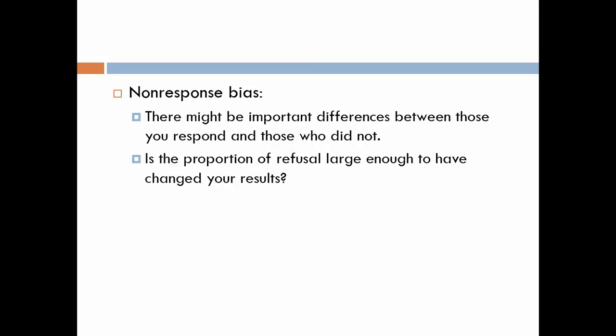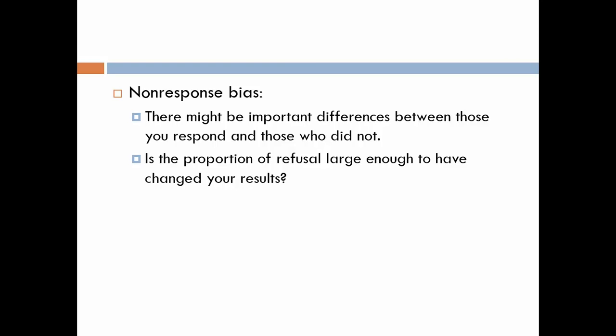Okay, next slide. So we want to be non-biased, and so we have to be careful about non-response bias also. So just because we have a representative sample doesn't mean that everybody that chooses to participate will be representative. Okay, so let's say we choose 100 people and only 70 of them send us back our survey. Let's say we do an electronic online survey. 70 send the survey back, 30 don't.